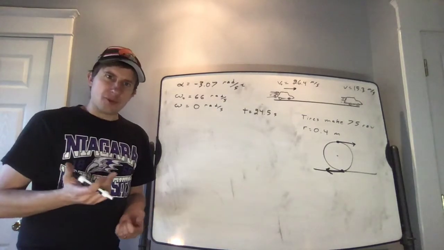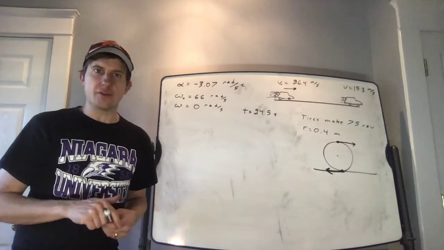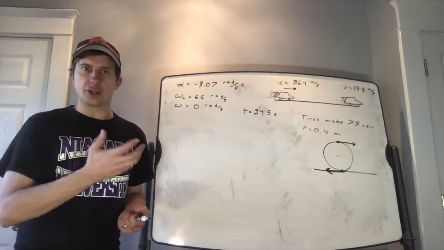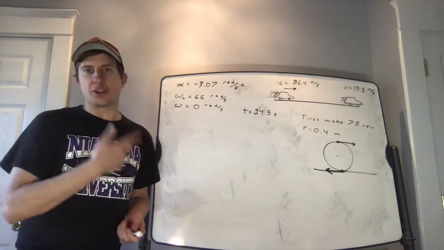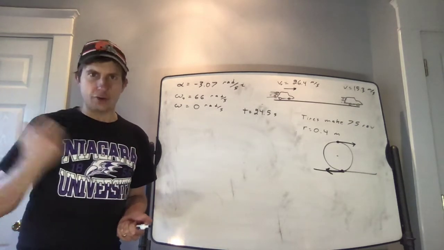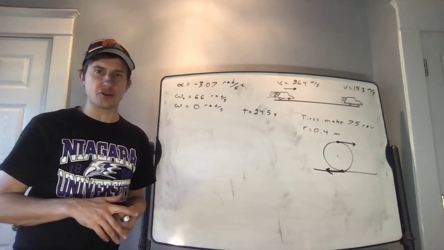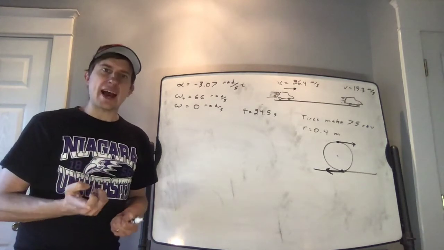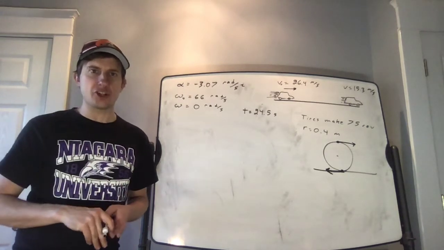Part C of this problem asks us to determine how far the car has traveled linearly from its initial moment until it comes to a complete stop. We know the initial and final angular velocities of the tires. We know how long it takes to come to a complete stop and the angular acceleration of the tires. So we can ask, through what angle do the tires rotate during this deceleration?